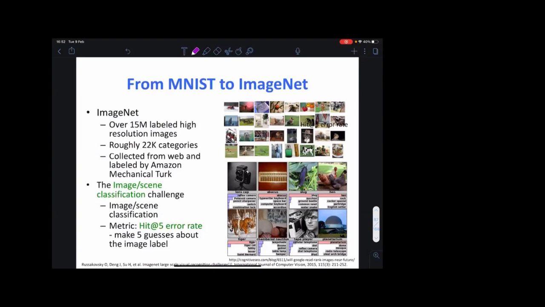These modern convolutional neural nets have been heavily used not only on images, but in fact on natural language processing problems as well. ImageNet has become a standard for all these computer vision and classification tasks.